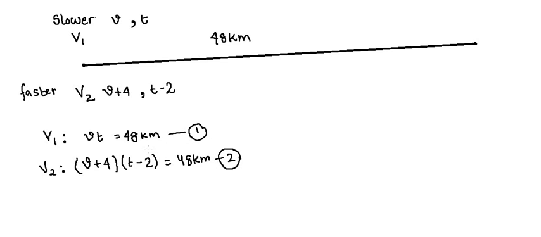Now you can see that by equating equation 1 and 2, we obtain a relation such that vt is equal to v plus 4 into t minus 2. Why? Because the distance covered by both vehicles is the same, whether the velocity differs or the time changes.